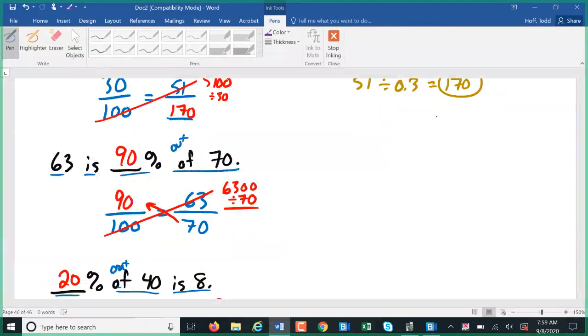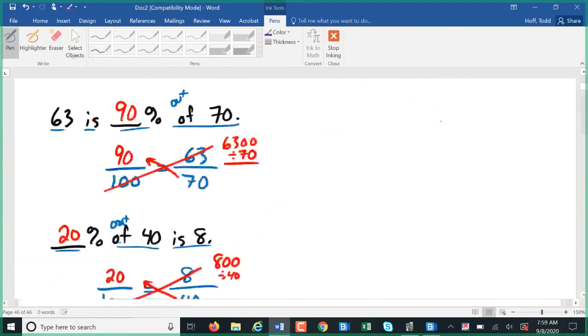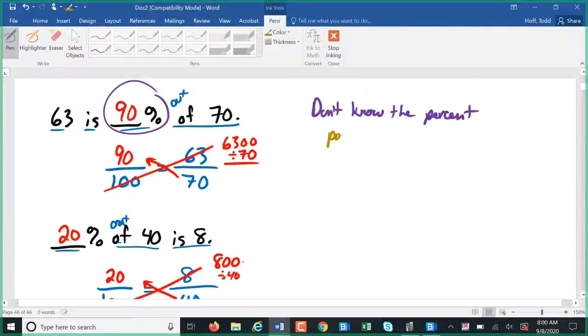For this next one, it's a different type yet. We're not given the percent. We're trying to find the percent. So in that case, where we don't know the percent, then it is the portion divided by the base equals the rate.